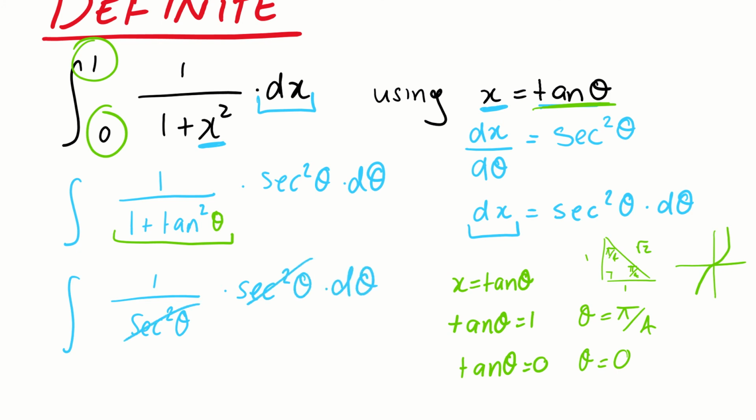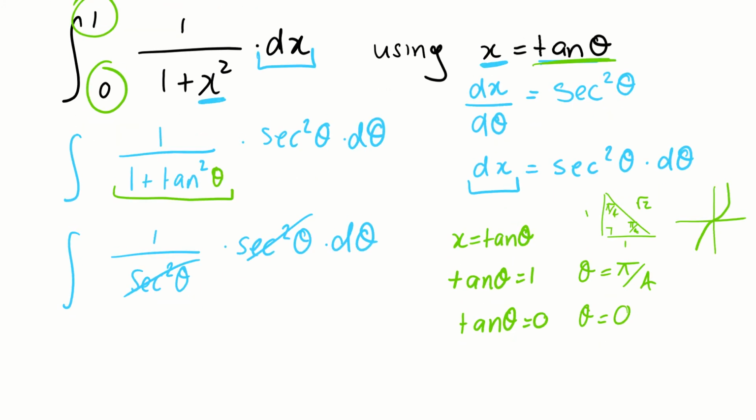My secs are going to cancel. Remember, my new values are pi on 4 and 0. So now I have the integral between pi on 4 and 0 of 1 d theta, which is just theta, subbing in pi on 4 and 0. So my answer is just pi on 4.